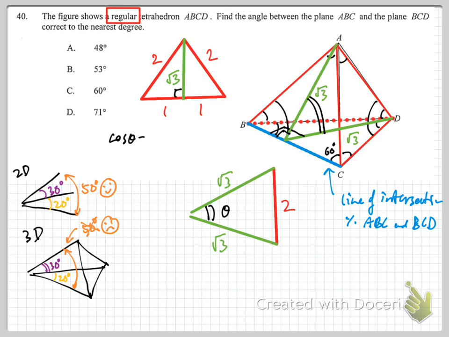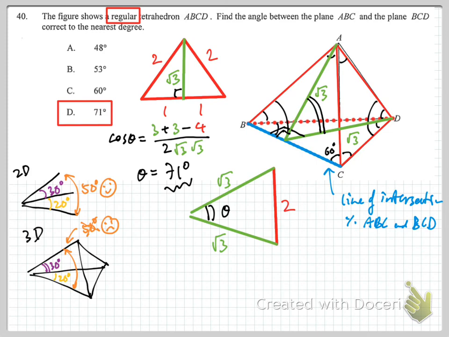Cosine theta will be 3 plus 3 minus 4 divided by twice root 3 times root 3. So theta equals 70.52, which rounds off to 71 degrees. So the answer is D, 71 degrees.